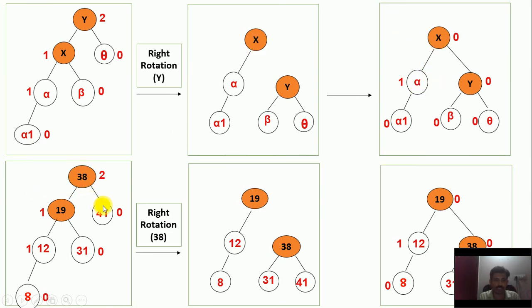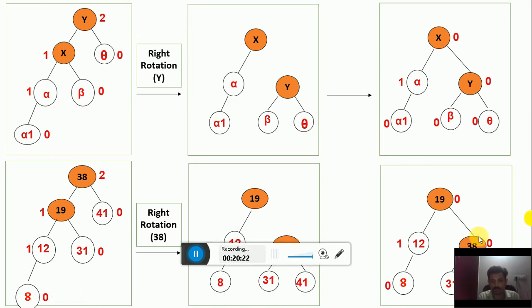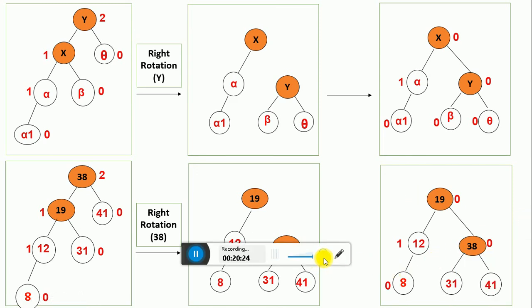Here you can see that 38's right subtree is 41, and 31 will be placed on the left side of 38. Then we will get 19, 12 and 8, and we will join them. So 19 will be our root node here. This is our balanced tree, and like this we have obtained the balanced tree structure.